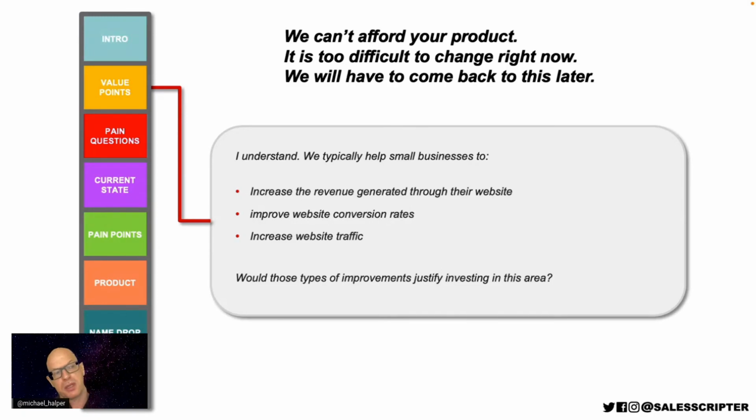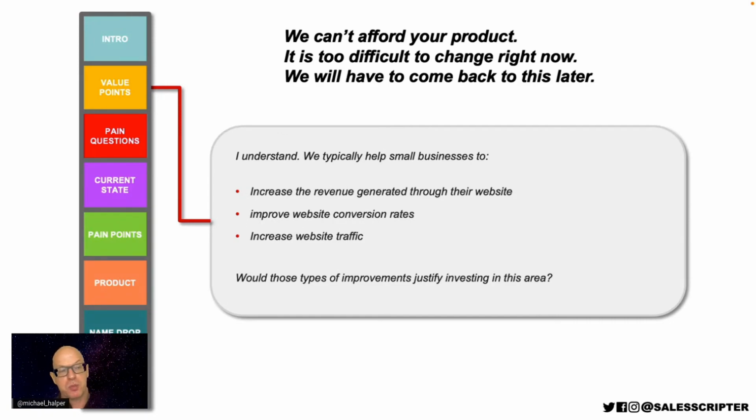So when the prospect says, we can't afford your product, it's too difficult to change right now, we'll have to come back to this later, you could reply to that by going back to your value points. Because if the prospect thinks they can't afford your product, maybe it's the case that they don't really understand how your product helps them. So educate the prospect on how your product helps them, which is to say something like, I understand.